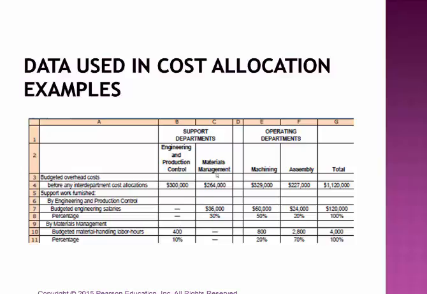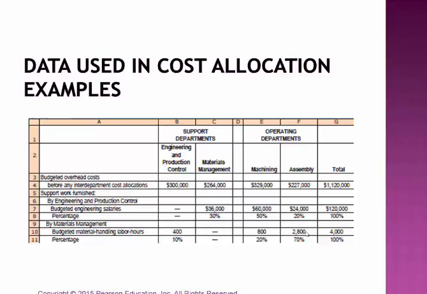We are going to take this 264,000 and we're going to allocate it only and directly to the operating departments. All right, so 800 plus 2,800 equals 3,600. 800 is a certain percentage of 3,600, and 2,800 is a certain percentage of 3,600.